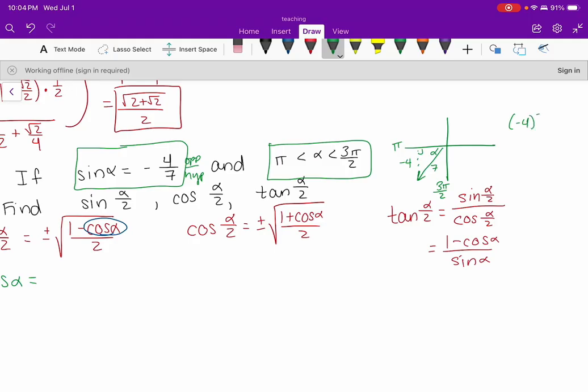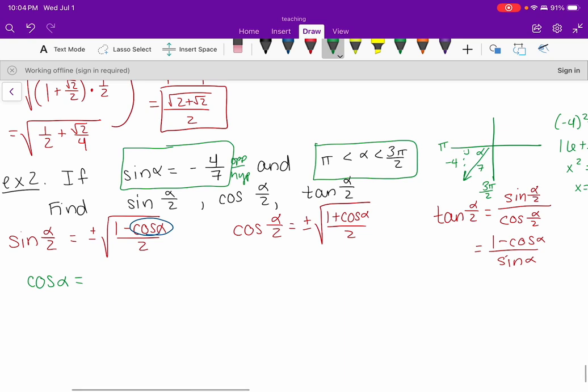So I have negative 4 squared plus x squared equals 7 squared. 16 plus x squared equals 49. x squared equals 33. So x equals square root 33, which cannot reduce, so we'll just leave it as is.